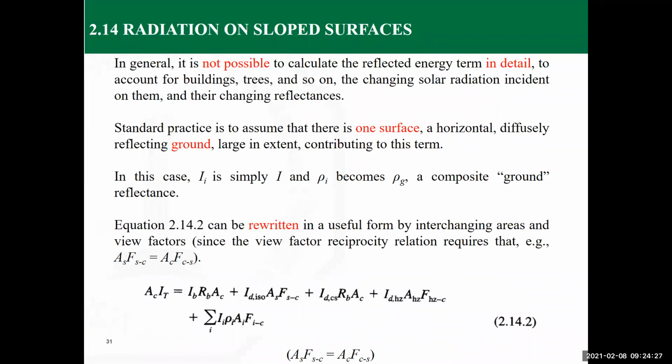Why did we go into this? Because we wanted to set this issue of the reciprocity relation, as you can see it here. What I just mentioned a while ago is that we will try to make our calculations easier by using the law of reciprocity for the radiation shape factor to replace all these areas that we cannot determine: A sky, the area of the horizontal surfaces, the area of the ground, which is a representation of this expression.